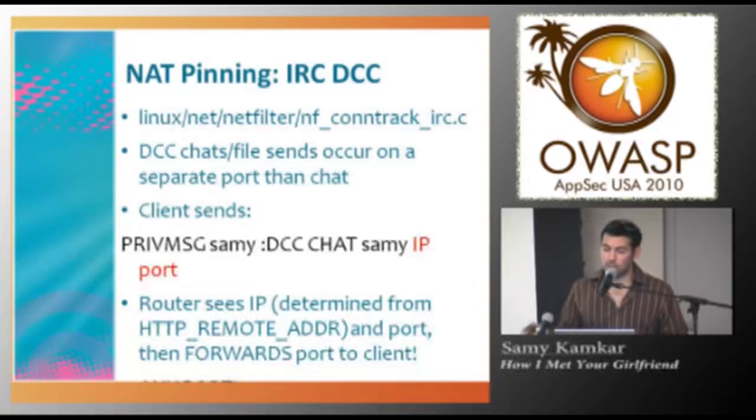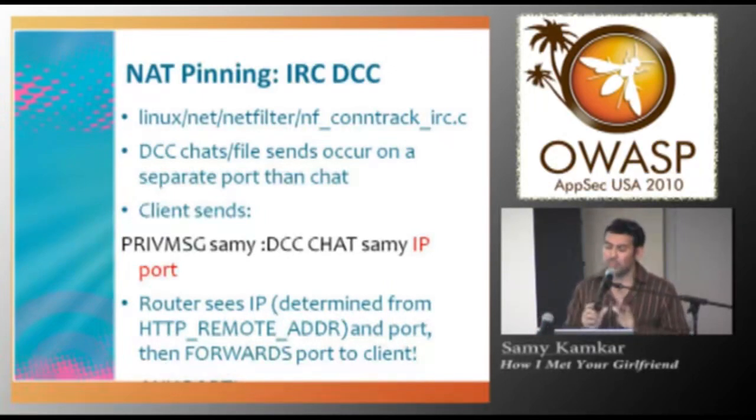Well, this is really cool, because what if I'm the malicious server, and I set up a website, and I say, hey, connect to this IRC server, and then message this person and say, hey, I want you to connect back to me. This is my IP address, and this is my port 22. SSH, or let's say port 80, HTTP, or port 443, HTTPS. The router will look at that.